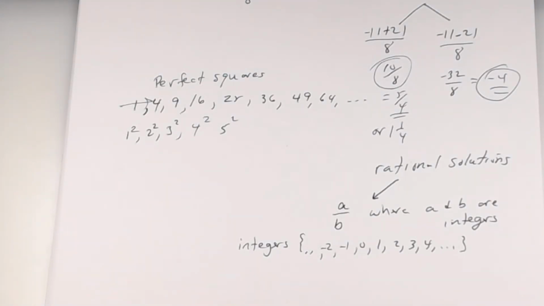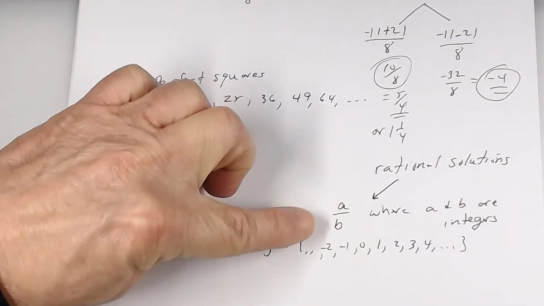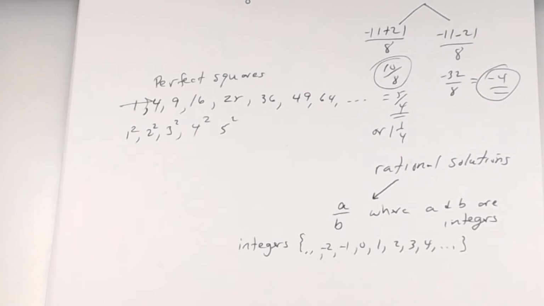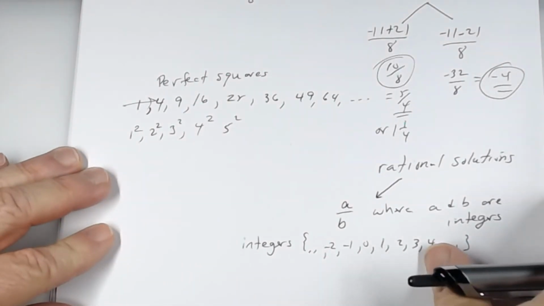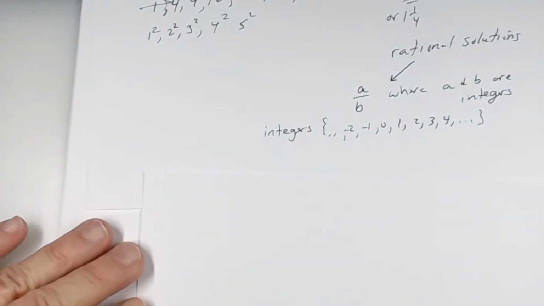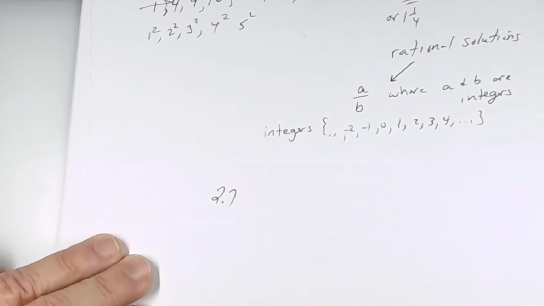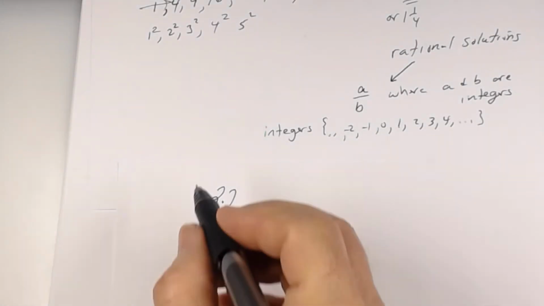So a rational number is just any number that can be written as a fraction where you have an integer over an integer. So for example, one of the things you learned in the past was this. Do you think this is a rational number? Is 2.7 a rational number?